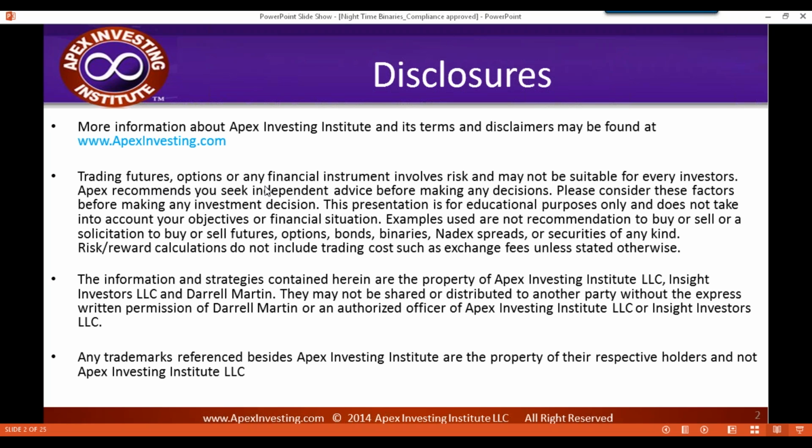So let's knock out our disclosures here so we can get moving. Trading futures, options, or any financial instrument involves risk, and may not be suitable for every investor. Any examples used today are not a recommendation to buy or sell, or a solicitation to buy or sell futures, options, bonds, binaries, or Nadex spreads. So keep in mind, if I'm showing you the Nadex platform today and I'm showing you an order ticket and entering an order in the demo account, that's in no way trade advice or a trade recommendation.